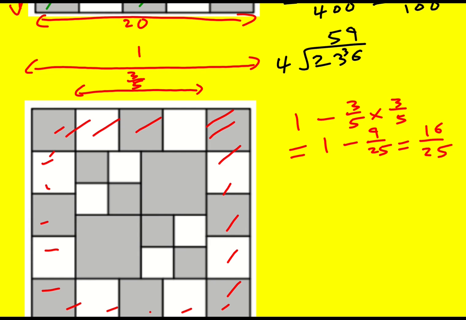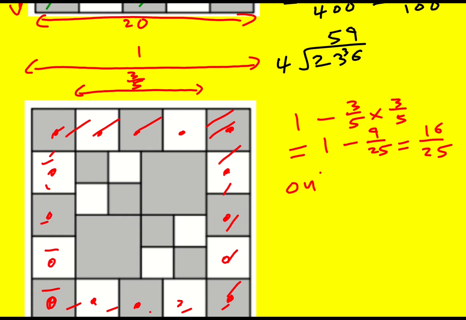Now, how much do I actually have? How many squares do I have? Let's count them. I've got 1, 2, 3, 4, 5, and then another 5 here, so that's 10, and then 3 and 3, so I've got 16. And then half of them are shaded and half of them are not shaded. So I'm going to need to times this by a half.